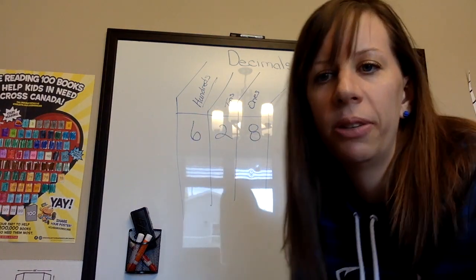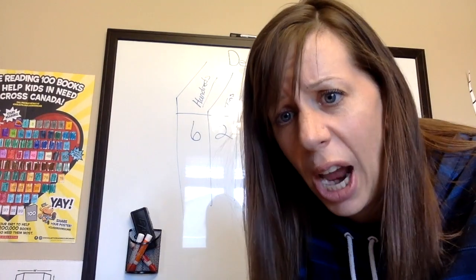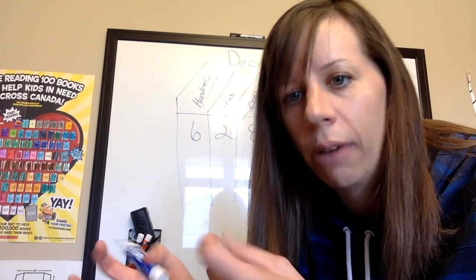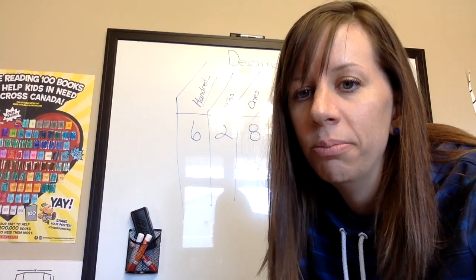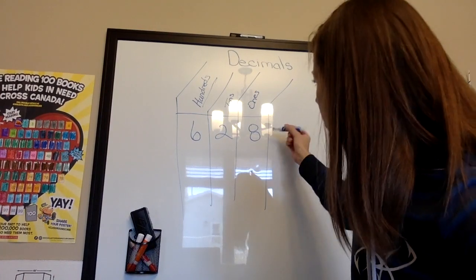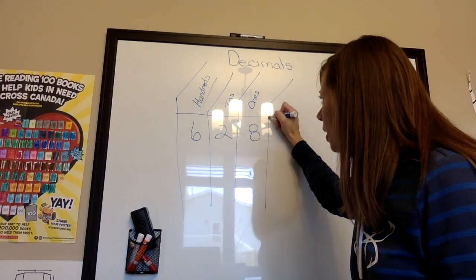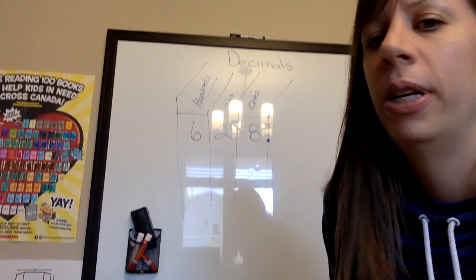It's going to be a little bit different with decimals because decimals are basically a fraction. They're a part of a whole. So if you have a decimal after a number like this, the decimal place always comes right after, right on the line, right after the ones place.